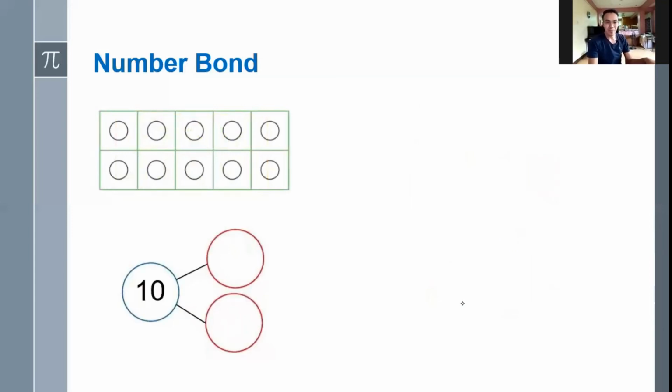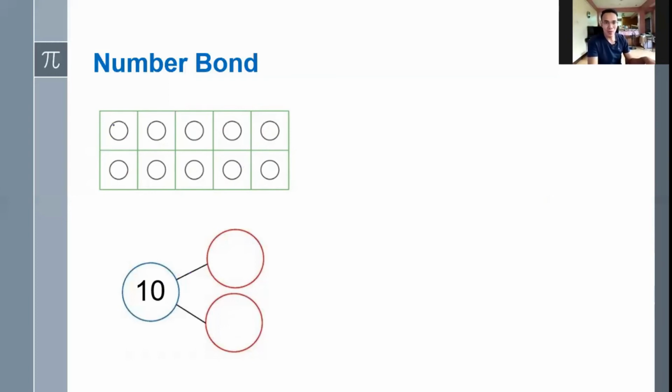Next, this is the 10 frame. It is called 10 frame because there are 10 circles inside this frame. The question here is, what two numbers will make 10? We are going to use the 10 frame to find these two numbers. What we are going to do is, we can cross out as many circles as we want.